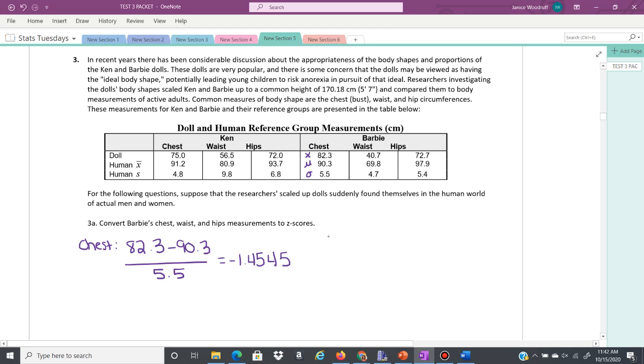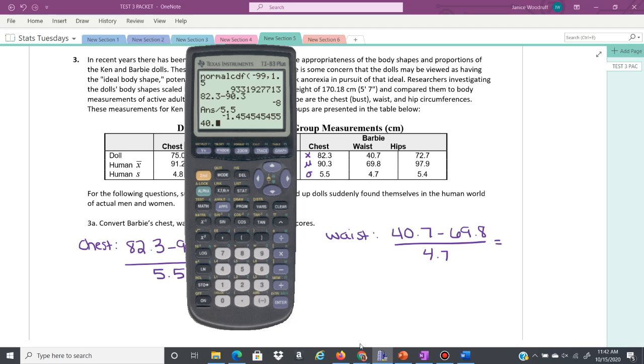Okay, then her waist. So that's going to be 40.7 minus 69.8 over 4.7. So negative 6.1915.